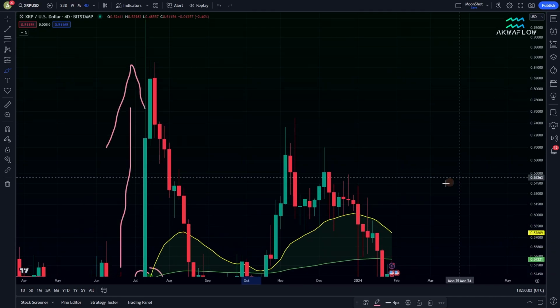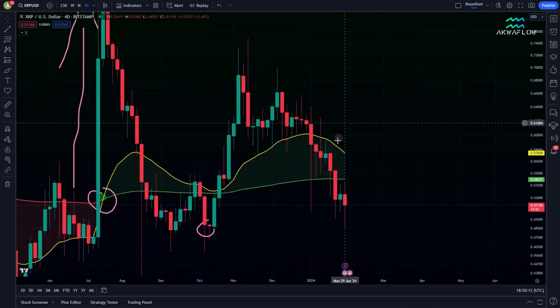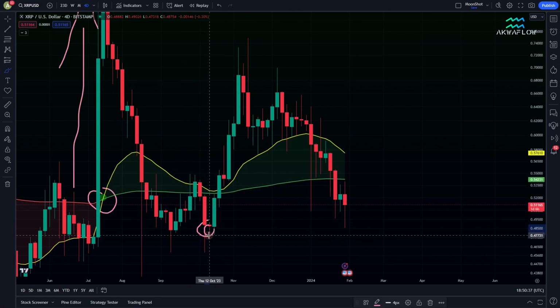But right now, the yellow line is going down again. And this is exactly why I think that a huge move is coming, as the yellow line is going down again. To prevent the cross, XRP has to react. So the same way the yellow line was going down, and just right here to prevent the cross, we have a move to the upside and we have this nice curvature of the yellow line.